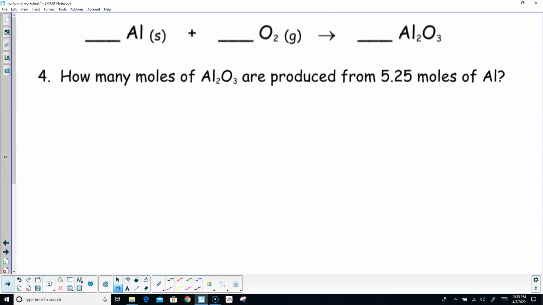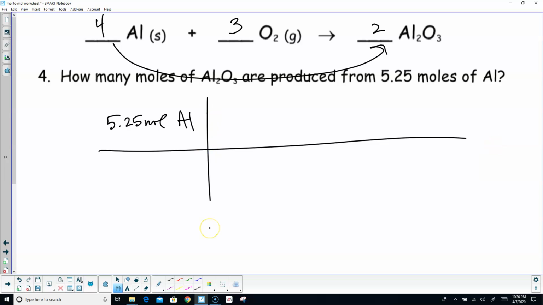Next one, same formula, so we're going to go, this was 4, this was 3, and this was 2. I want to know how many moles of aluminum oxide are produced from 5.25 moles of aluminum. So start out with what I know. 5.25 moles of aluminum. And according to this, for every 4, I produce 2. Okay. So for the moles of aluminum to cancel, they need to go on the bottom.